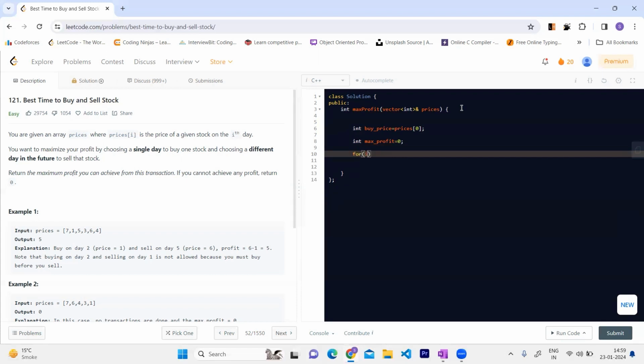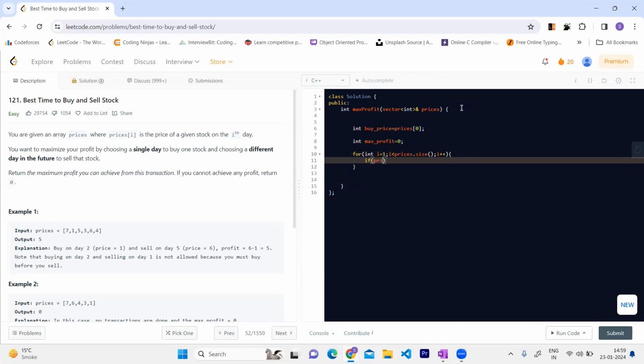Now we'll run our loop from int i equal to 1 till prices dot size, and we'll increment our pointer. Now if we find new price to be less than that of the buy price, then we need to update our buy price to the new price, right?